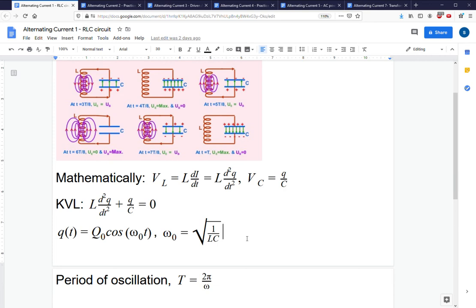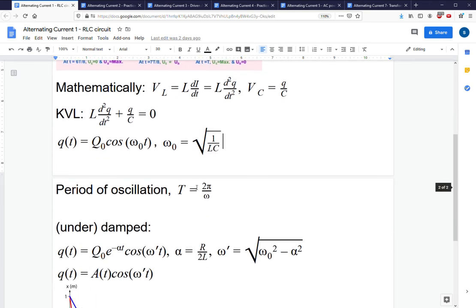Omega is one way to represent how rapidly this oscillation occurs. Omega is very closely related to frequency. We'll get into that in a bit. And more to the point, the period. So in this equation, T represents the period of the oscillation.